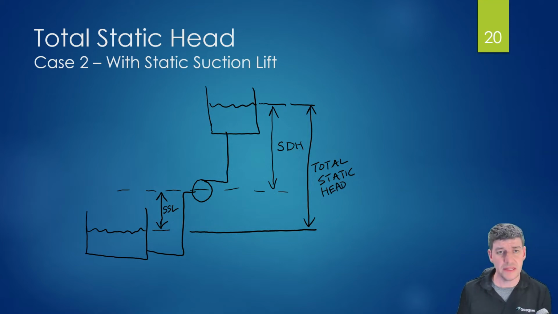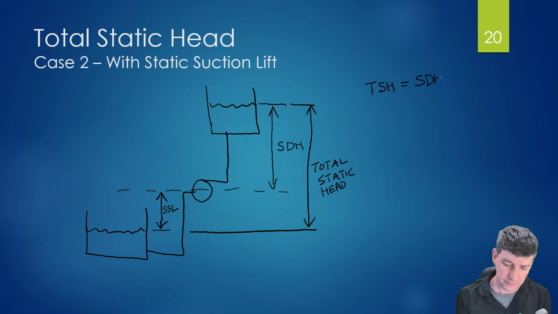Okay, so in this situation, if we talk about what my total static head is, it's going to be equal to my static discharge head plus my static suction lift. Okay.